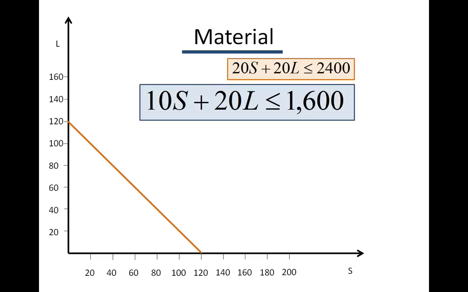The material constraint means we can at most produce 160 small vases and at most 80 large vases. Again, combining those two extreme points gives the material constraint.